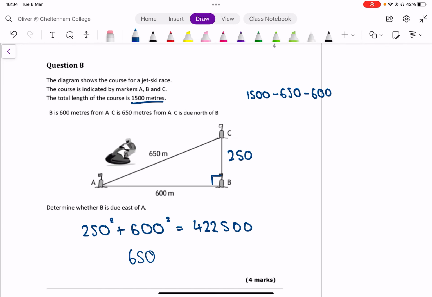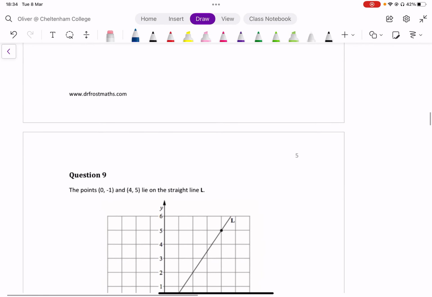And then the question is, is 650 squared equal to that? 422 500. So yes, it is due east. Various ways you can go about that, but effectively you show it's a right angle by doing Pythagoras.